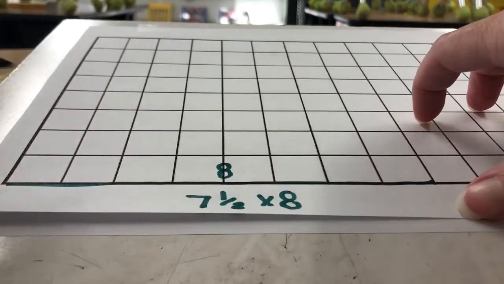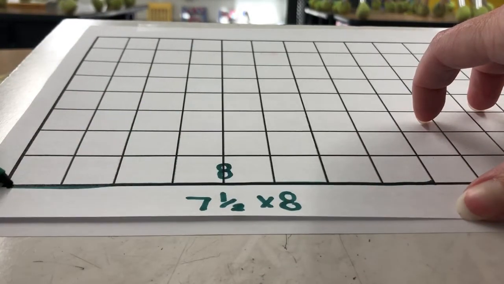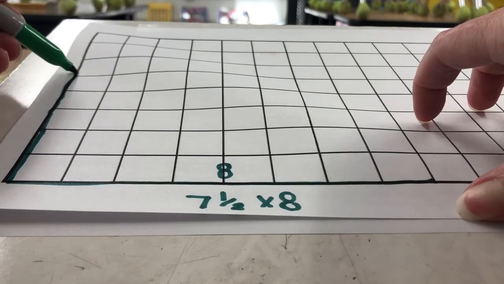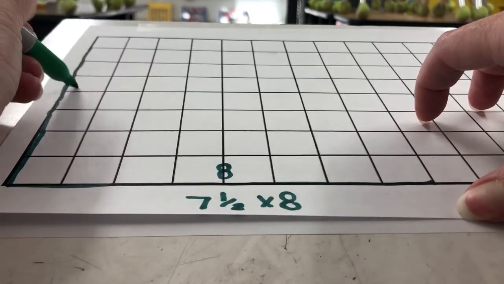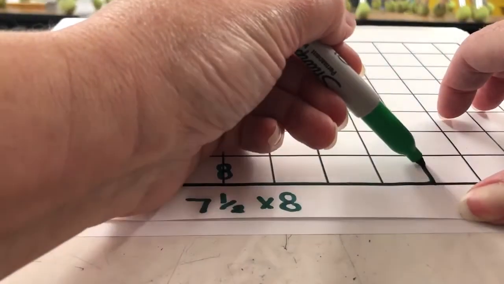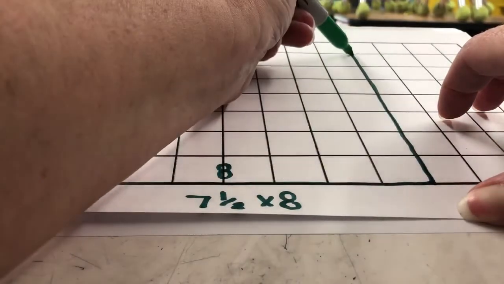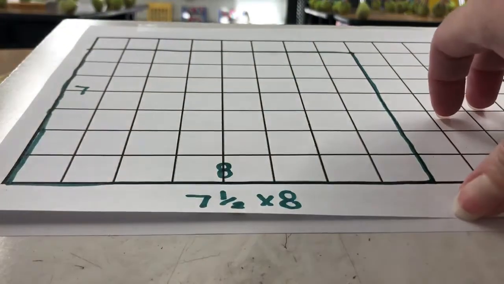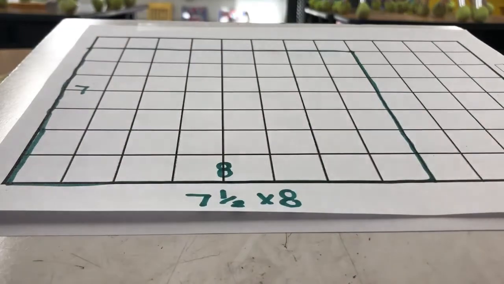Okay. And then I'm going to do the 7. I'll still leave off the half and I'll make it 7 high. 1, 2, 3, 4, 5, 6, 7. So this is 7 high. I'm going to go ahead and connect those 2 pieces. Now, in order to get that 7 1/2, I need to take this box up here and split it in half.